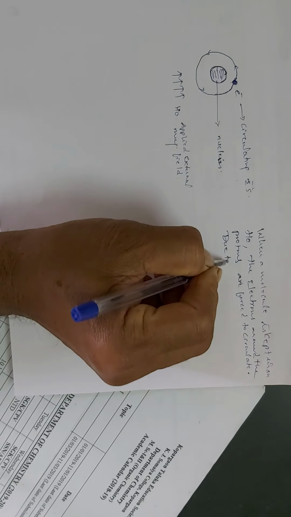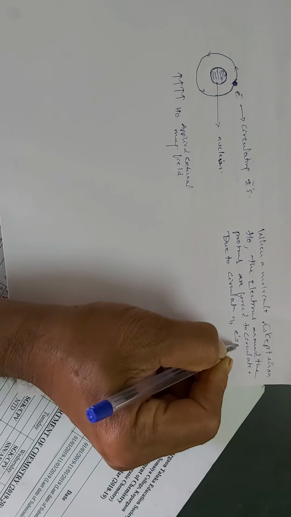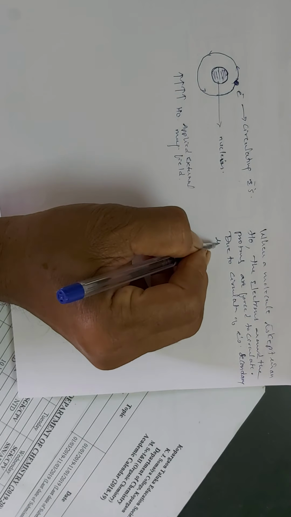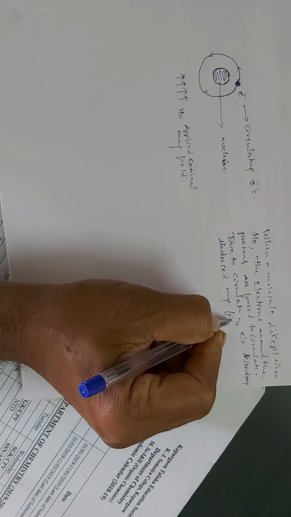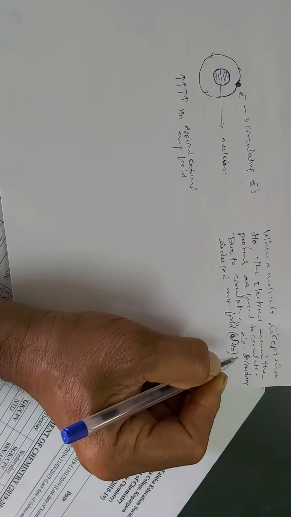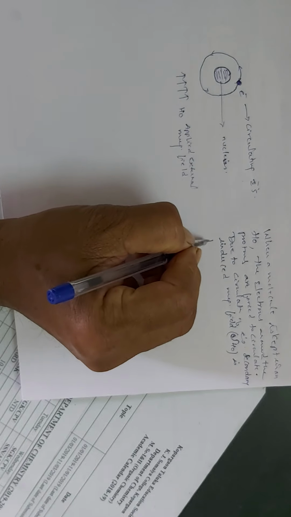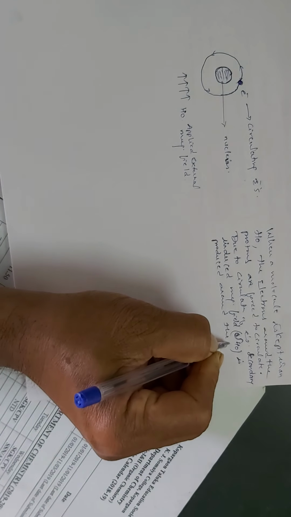They are already circulating, but they are forced to circulate at a higher speed, and due to this circulation of electrons, a secondary induced magnetic field, that is rho H0, is produced around the nucleus.